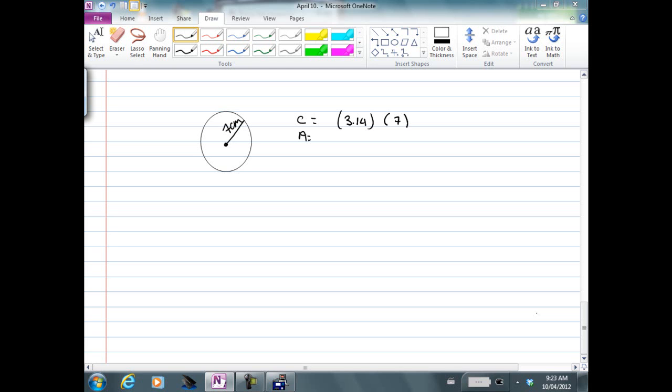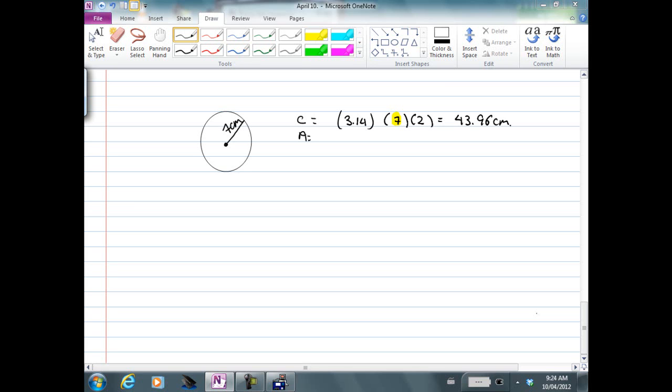Devin, what's wrong with it? This number is not correct. It's supposed to be 14, because you've got to go pi d, which means you've got to multiply the 7 by 2. Be careful about that stuff. So Devin, what's your answer going to be? 43.96 cm. Voila. Nothing too bad.